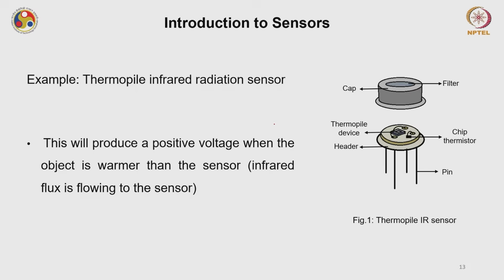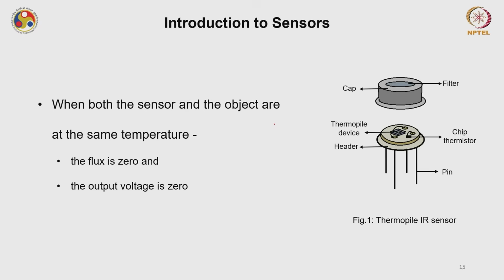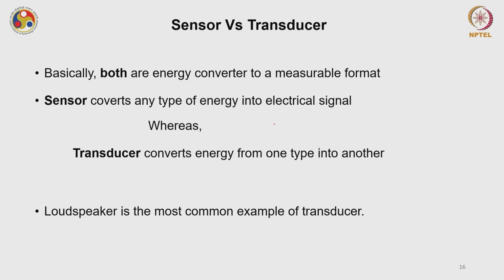That is why in the previous slide I mentioned three different cases: positive sign, negative sign and 0 sign. Positive sign for the thermopile IR sensor means the object is warmer than the sensor, negative sign means the object is cooler than the sensor, and 0 sign means both are at the same temperature. This is very important to understand.